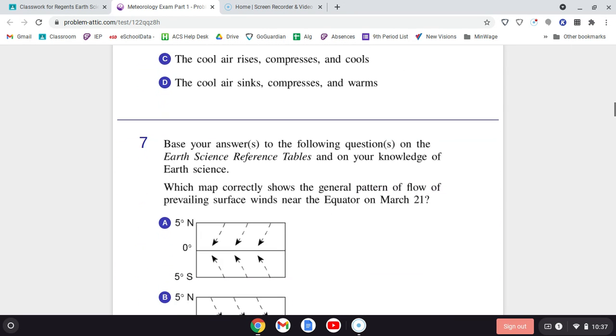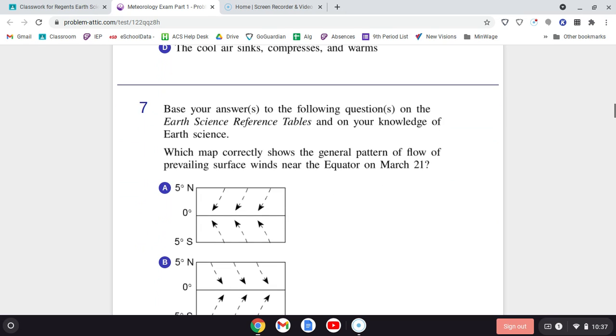Number 7. Which map correctly shows the general pattern of flow of the prevailing surface winds near the equator on March 21st?